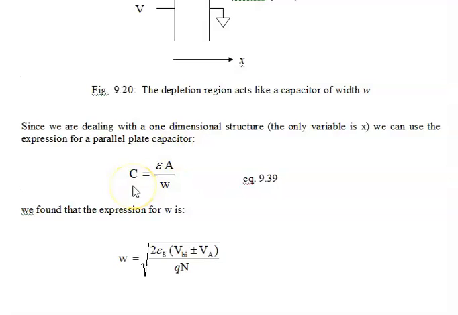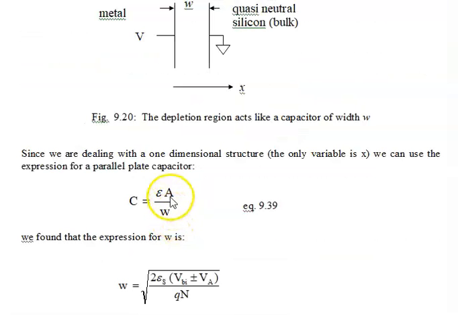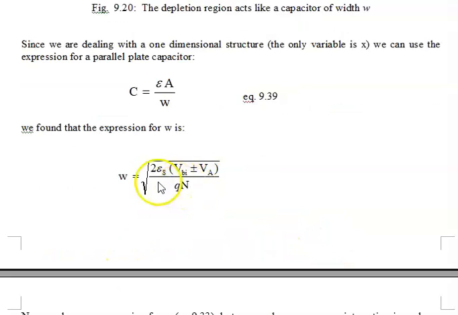For any structure, a parallel plate capacitor, the capacitance is equal to the permittivity multiplied by the cross-sectional area that's going into the paper here, divided by the width. And the width for an applied bias is equal to an expression which we derived in Chapter 8. We talked about it quite a bit in session 15. And it's sitting right here.